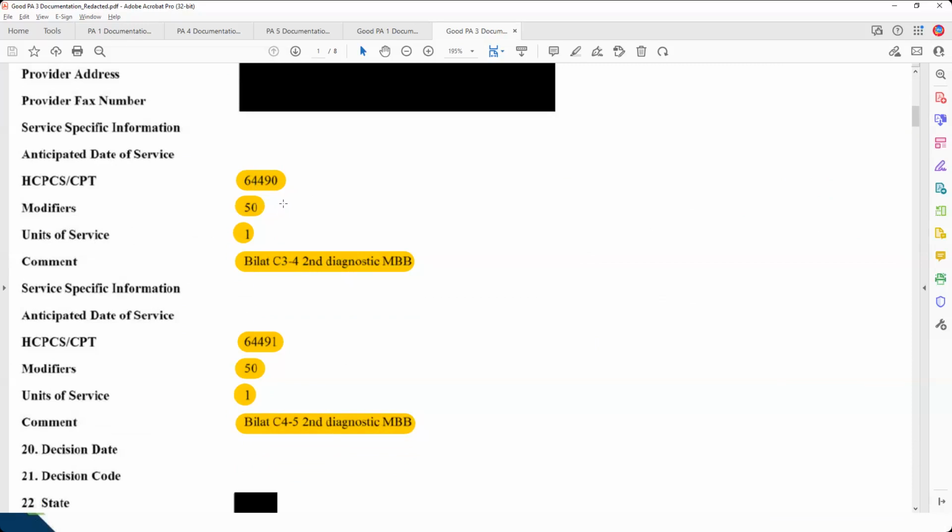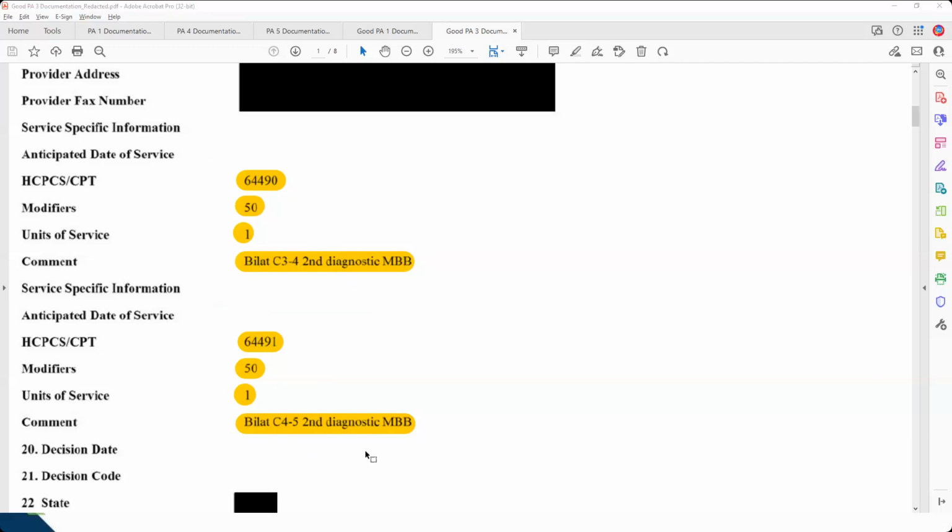If it's left or right, you can use the LT or the RT if you're only going to do one side. 1 unit of service, and they again have said bilateral, and this one is C3-4, and this is going to be for the second diagnostic MBB. Again, CPT code here, second diagnostic MBB.